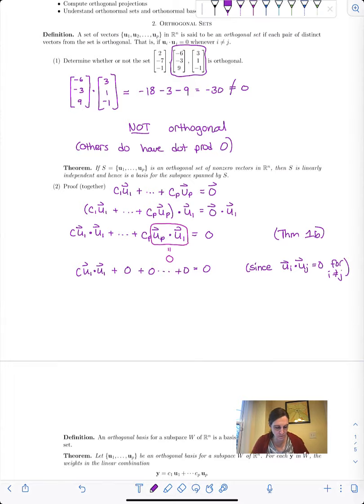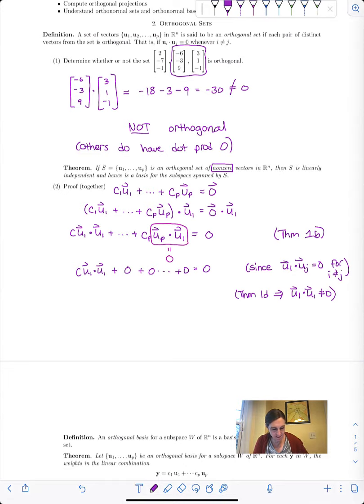But U1 dot U1 has to be non-zero, because theorem 1D implies that U1 dot U1 is not equal to 0. That's because we're starting with a non-zero vector. U1 is non-zero, so its dot product with itself has to be positive.